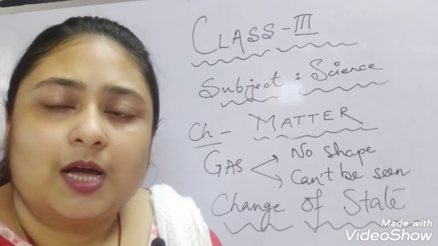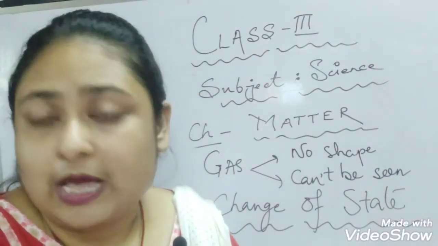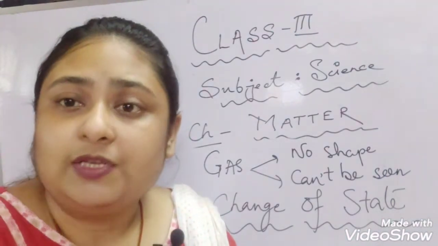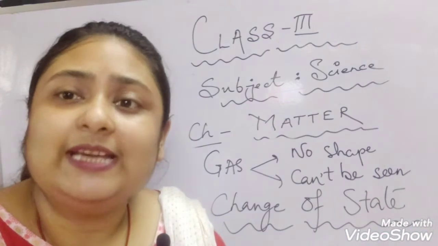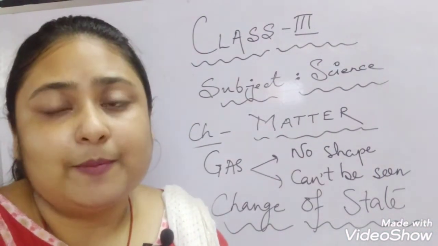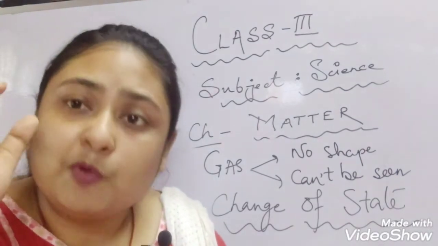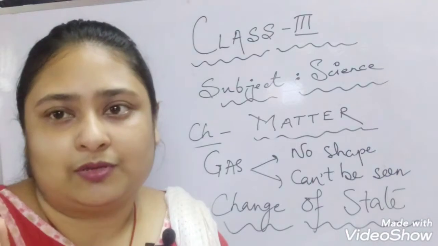So, the rainfall that occurs, how does this occur? First, the water gets evaporated with the help of high temperature. Where does this go? The water vapor goes into the atmosphere and there it cools down.